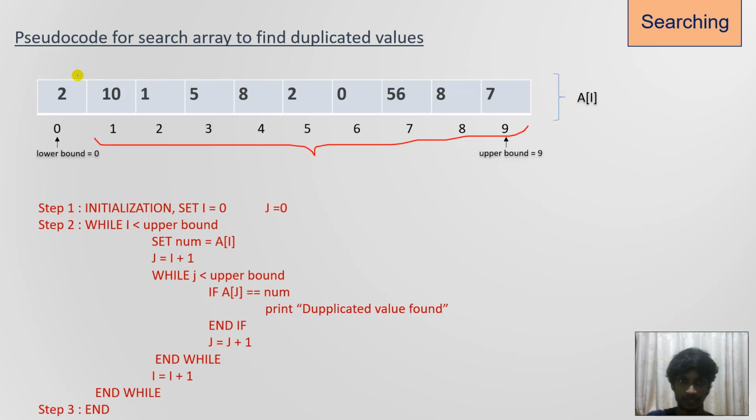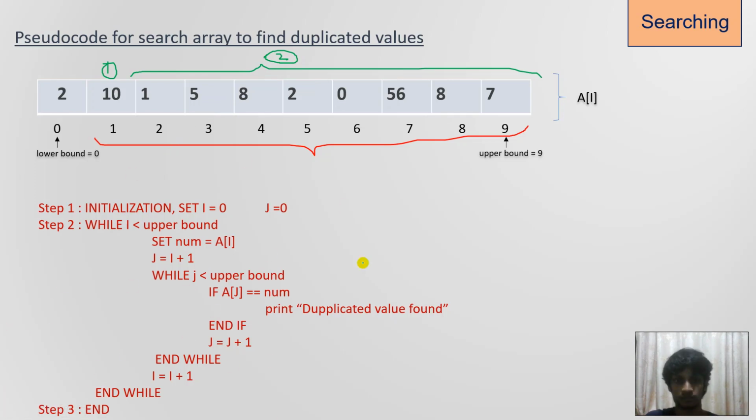So in the second iteration, our first while loop will be here, and our second while loop will traverse all over this place. So this is the second while loop.